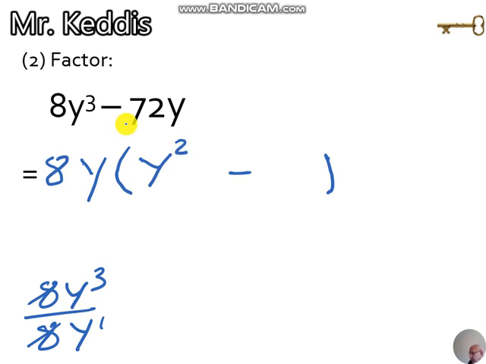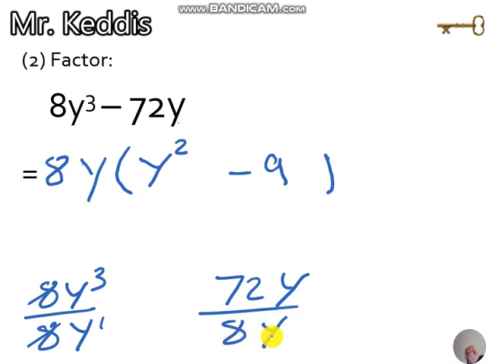By the same thing, I divide 72y by 8y, I get 9. I cross y with y, it is gone, because 1 minus 1 is 0. 72 divided by 8, I get 9.